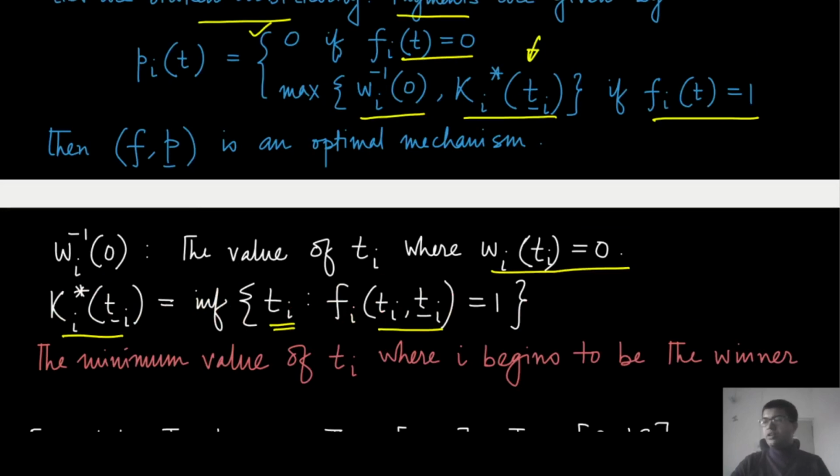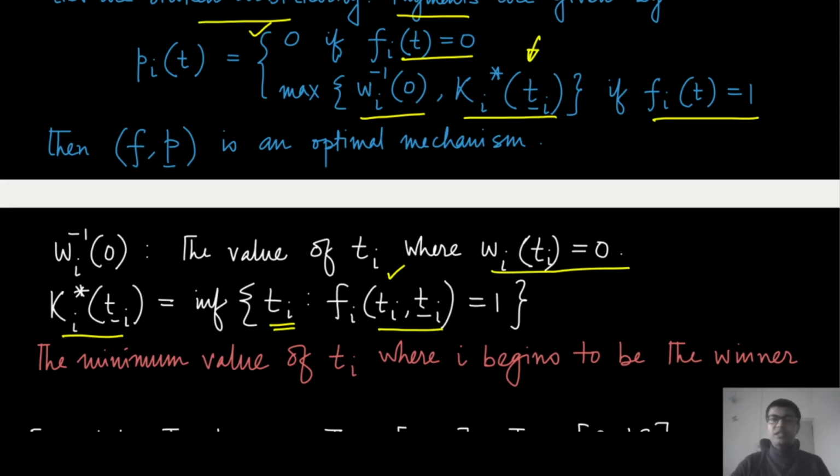Now why did we need this max between these two terms? Because player i does not become a winner until its virtual valuation becomes 0. So the object is unallocated if everybody has negative virtual valuations.